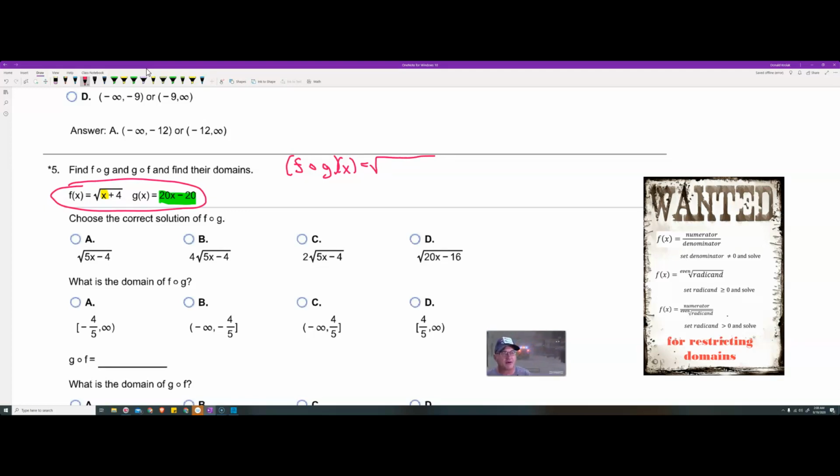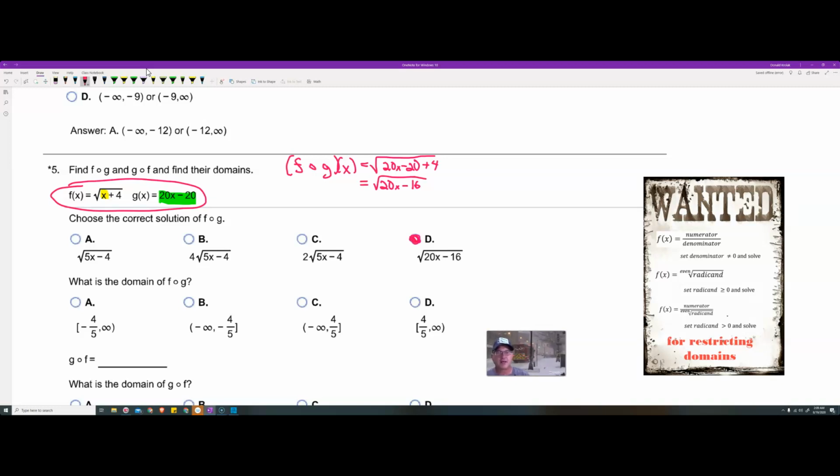So I'm going to have x plus 4, but instead of x, I'm going to write 20x minus 20, and then I've got plus 4. So that's 20x minus 16. So that's my f of g.